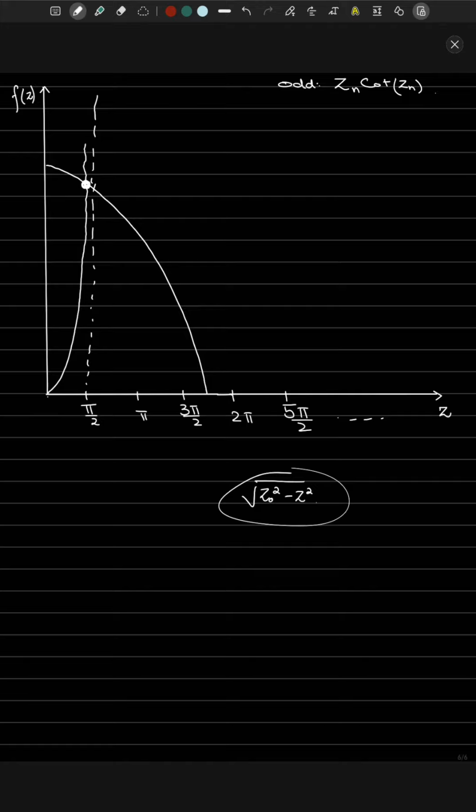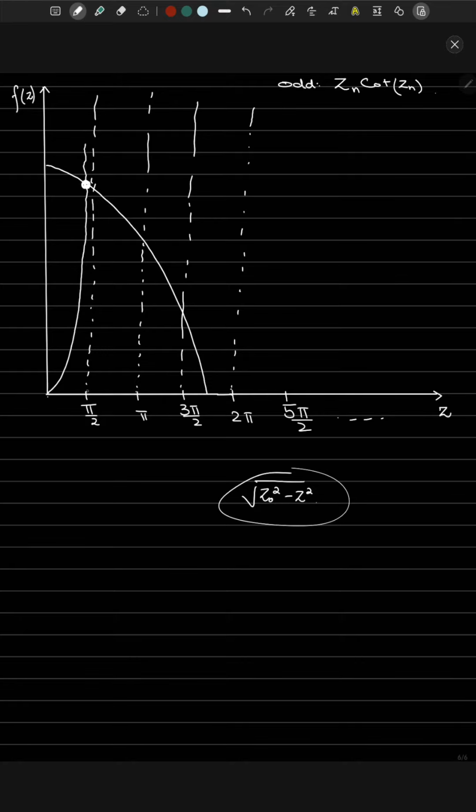But the cotangent at pi by 2, you'd have a line that looks like this. Let's first draw all these asymptotes very quickly. At pi you would have an asymptote, at 3 pi by 2 you would have an asymptote, and likewise you would have asymptotes at these values of z.